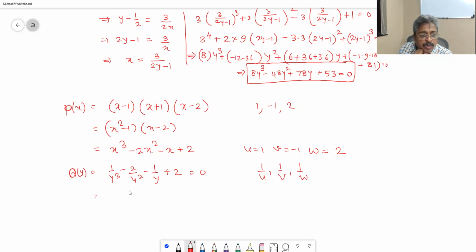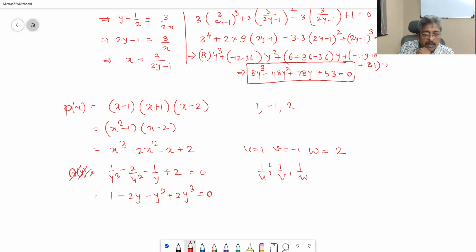Simplifying is equal to 0. So multiplying throughout by y cube, we get 1 minus 2y minus y square plus 2y cube is equal to 0.